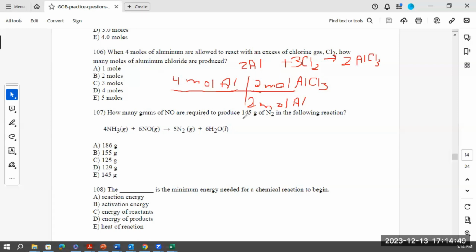In this case, we're given the mass, right? But we know that our chemical equation is based upon moles. So that probably means that we need to change this to moles. So if we have 45 grams, how can I change that to moles of nitrogen?